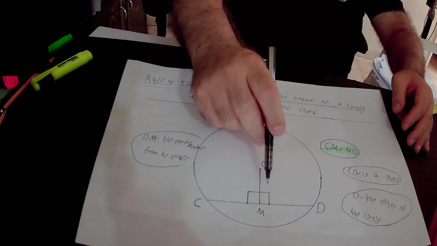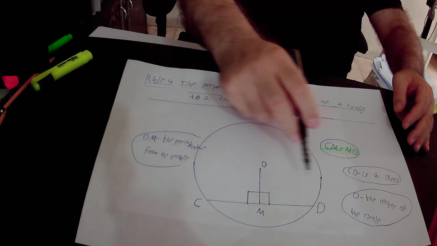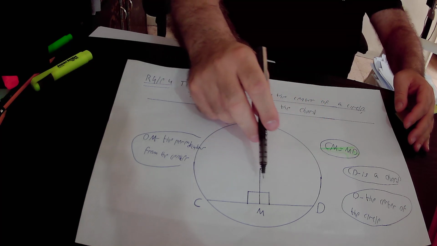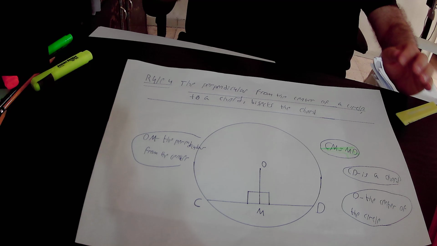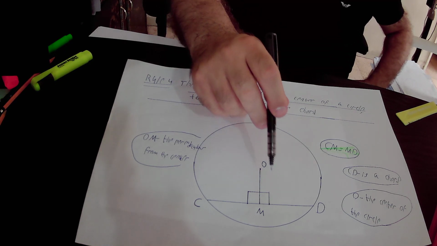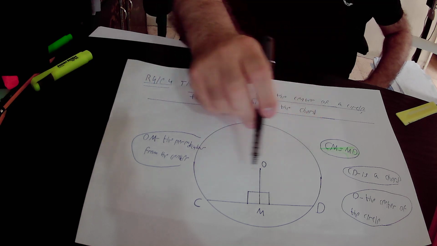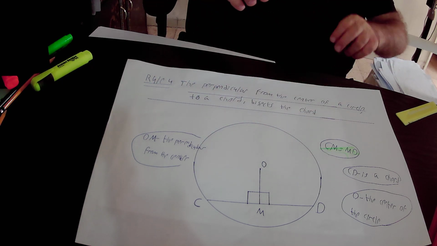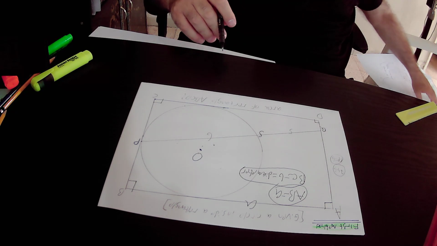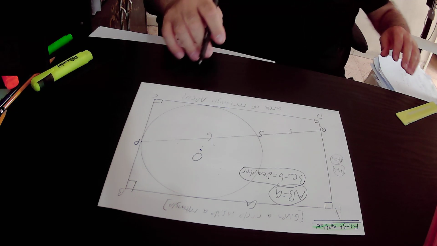The perpendicular OM bisects chord CD. That is to say, CM equals MD according to rule number 4. So we'll implement rule number 4 in our drawing.